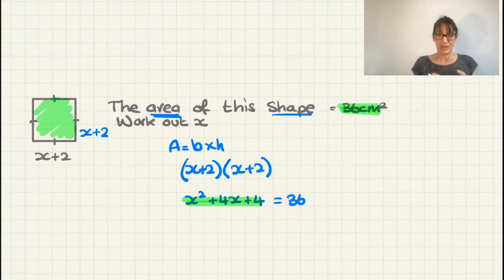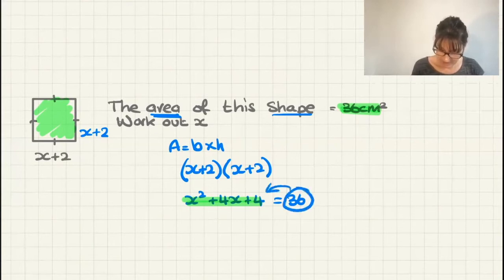Looking at it at the moment, what do I know? I know a quadratic has to equal 0 and this one doesn't. So the first thing I'm going to do is pick up my 36 and move it to the other side. It'll land as minus 36, which gives me x squared plus 4x minus 32 equaling 0.